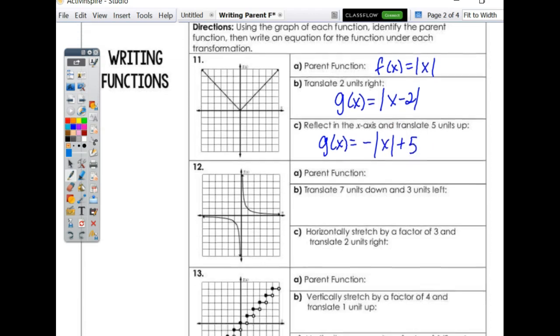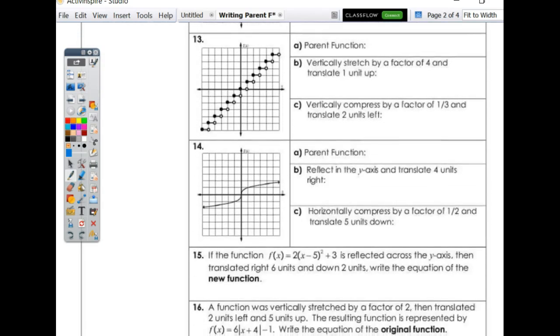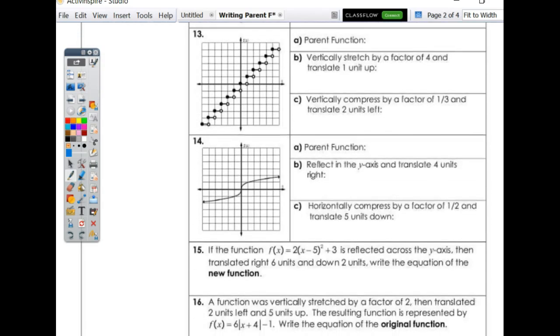Okay, we're going to come back to number 12. Go down to number 14. What's the parent function here? The cube root because it's laying down. So I'm going to reflect in the y-axis, so that means the minus sign is going inside, and translate 4 units to the right.